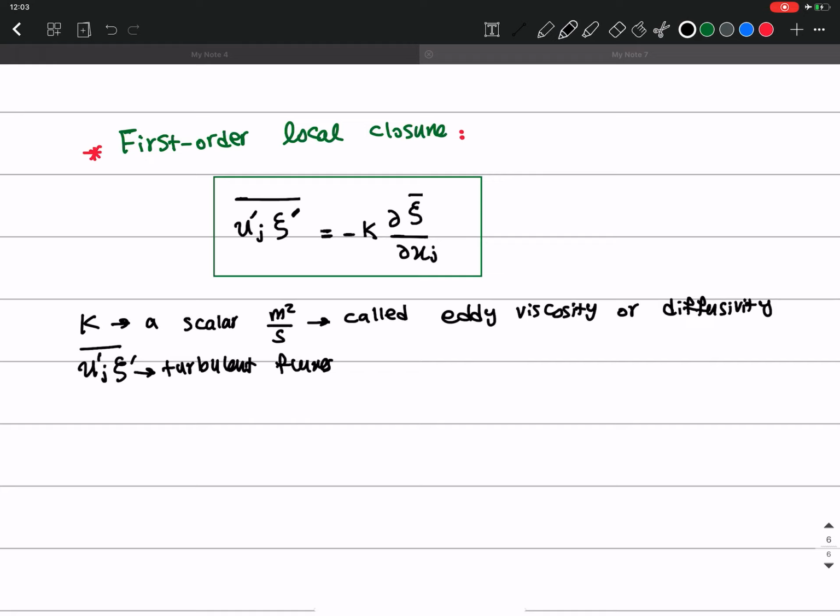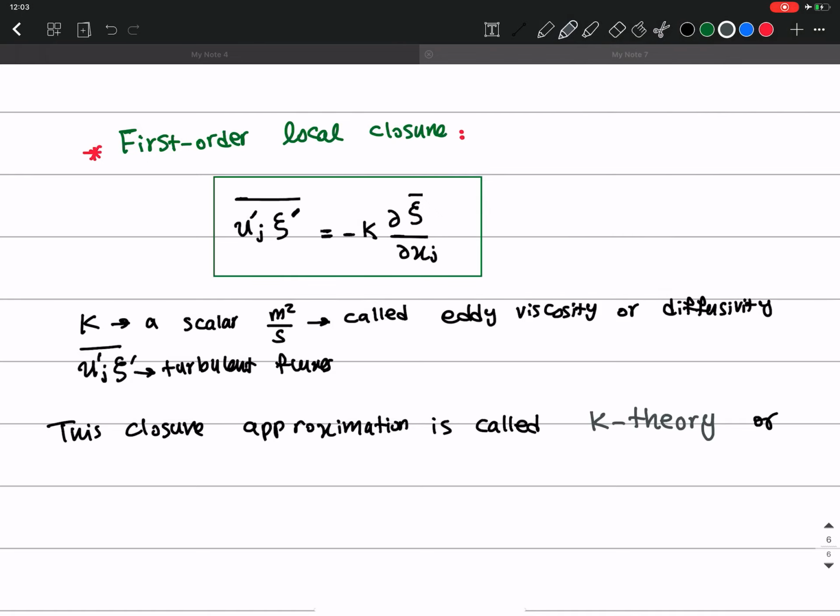So now let's go back. This closure approximation is called K-theory, or gradient transport theory.